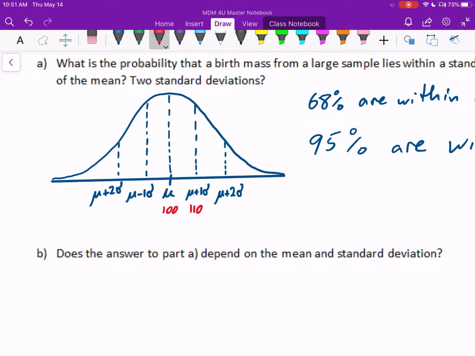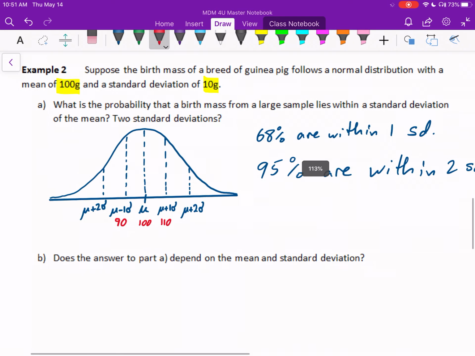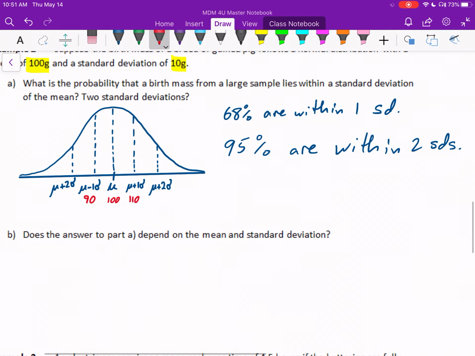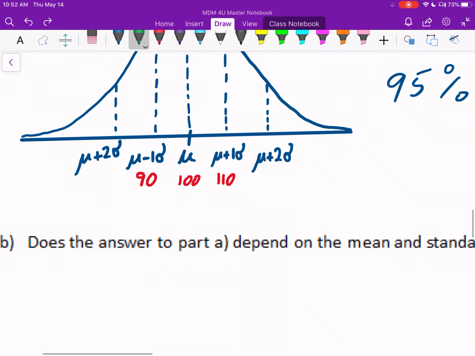Mu minus 1 standard deviation would be 100 minus 10. So in other words, 68% of the guinea pigs would be between 90 and 110 grams.